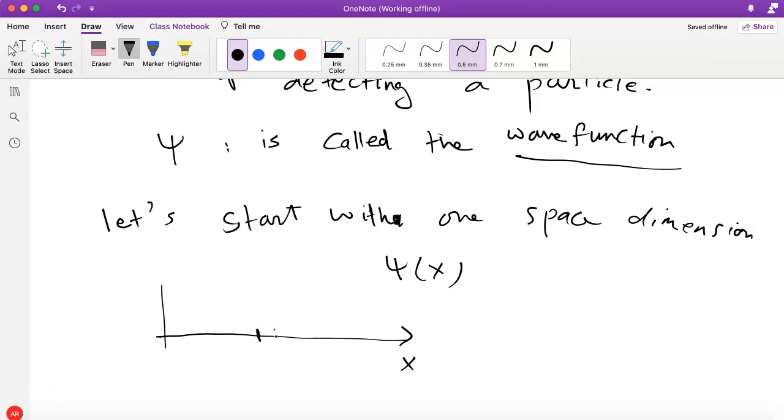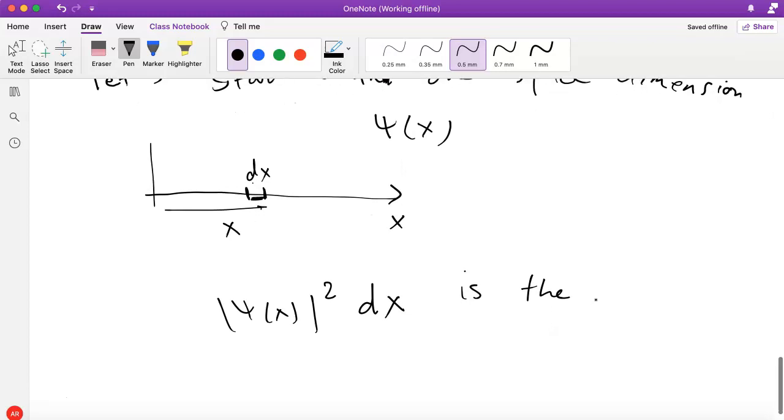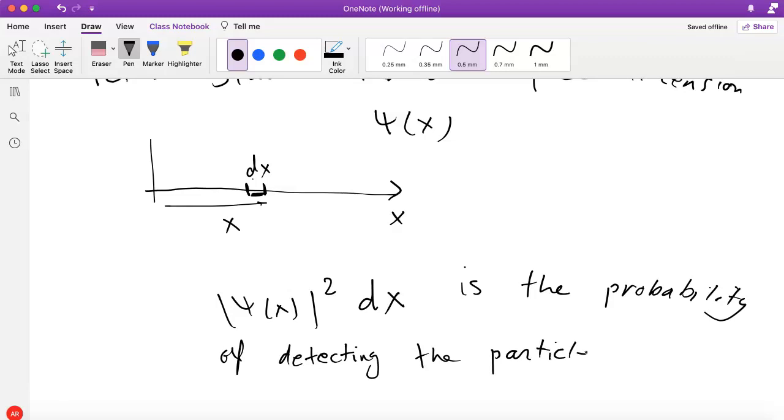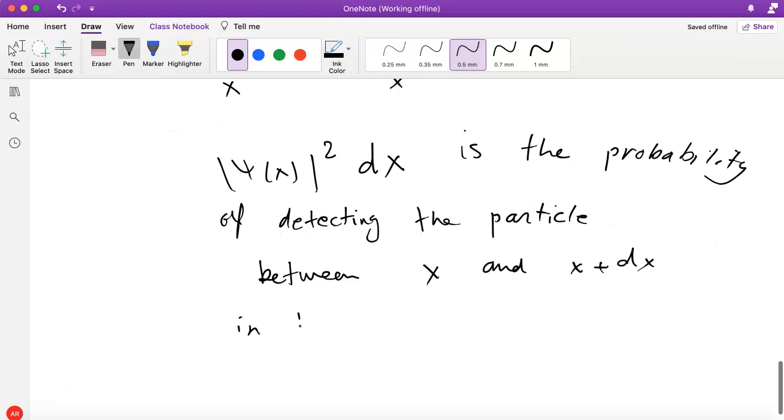But if you pick, let's say, at position x, a tiny region of length dx, then we're saying psi of x squared times dx, that length, is the probability of detecting the particle, let's say between x and x plus dx, in the limit of tiny dx, dx going to 0.